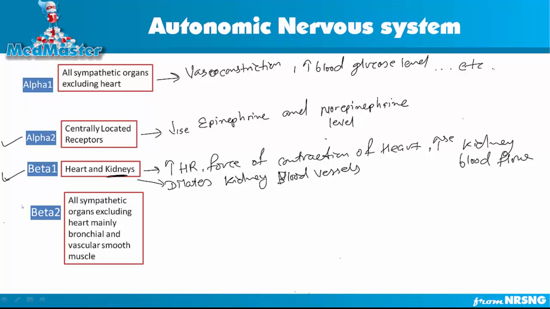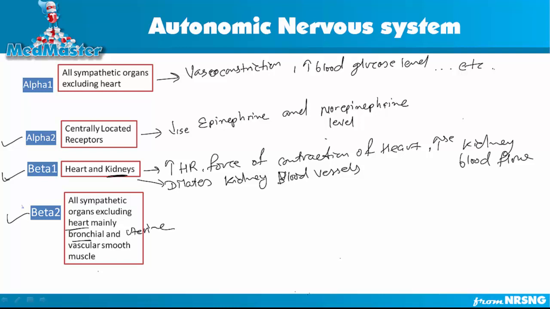Okay, now the last receptor is beta 2. This receptor is present in all organs except the heart, and mainly in bronchial and uterine vascular smooth muscles.